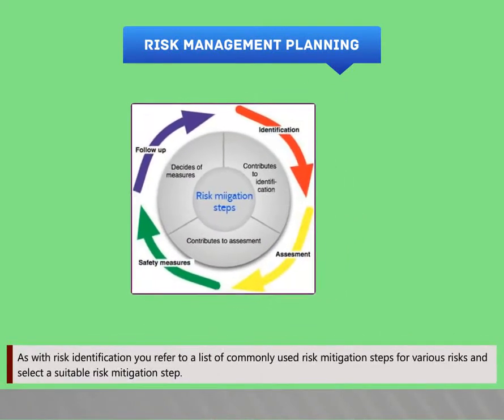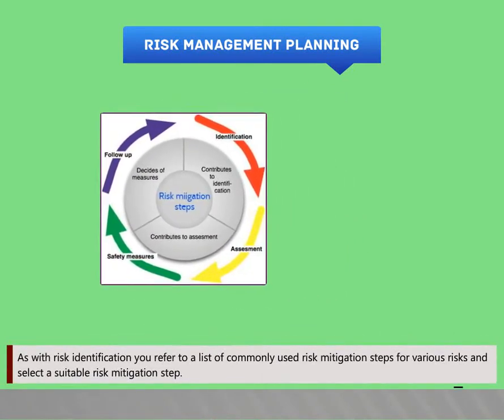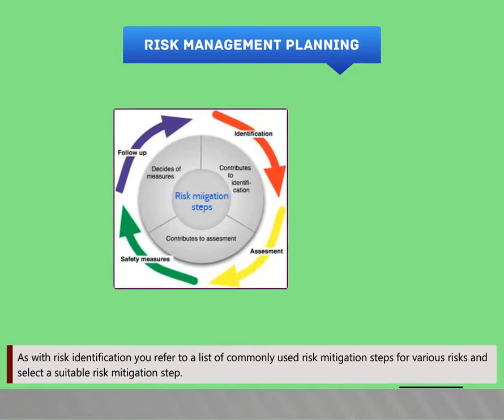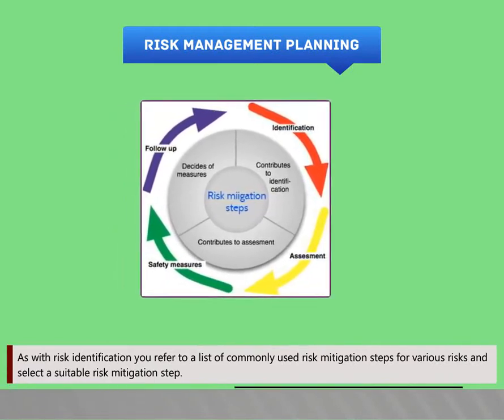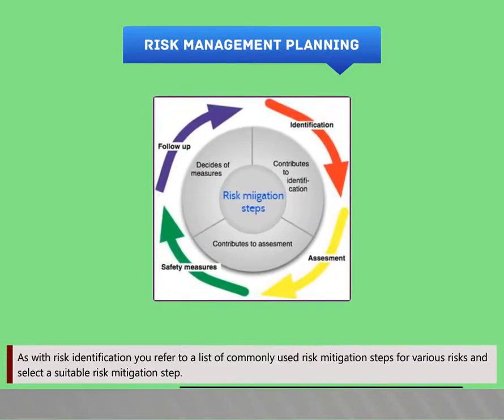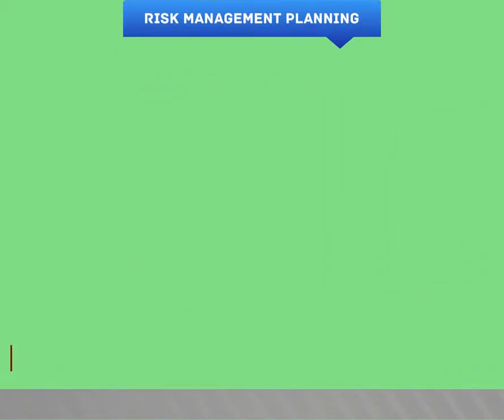As with risk identification, you refer to a list of commonly used risk mitigation steps for various risks and select a suitable risk mitigation step. The list used at Infosys appears in the table.